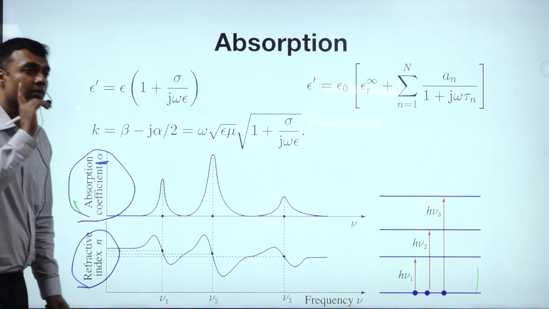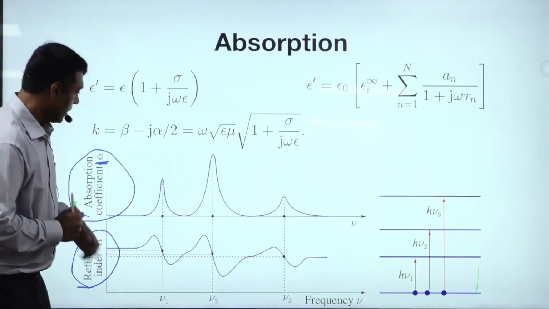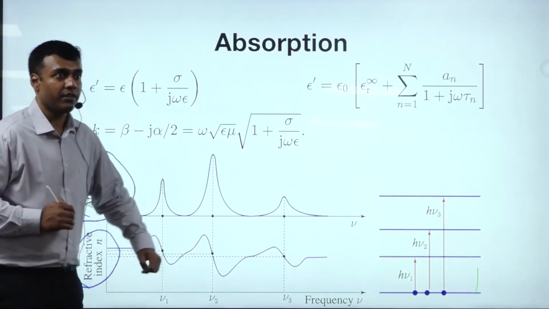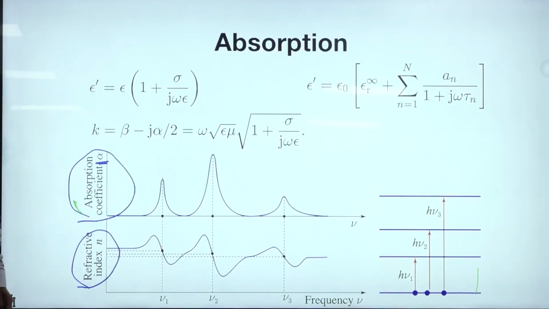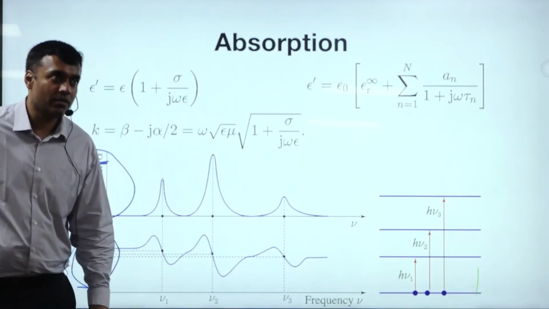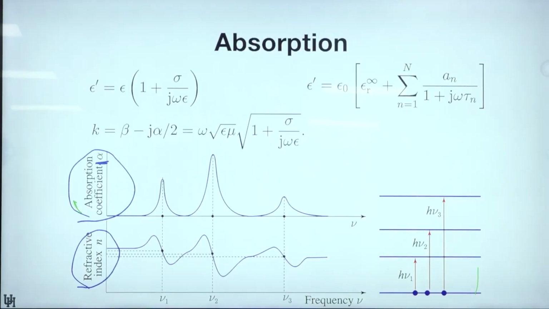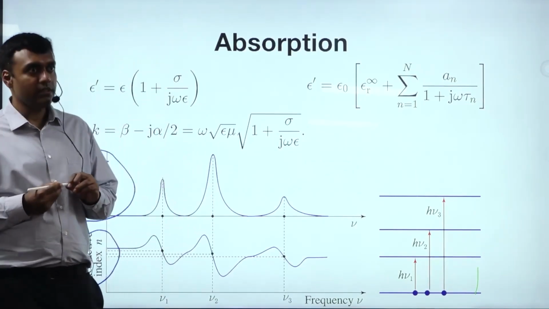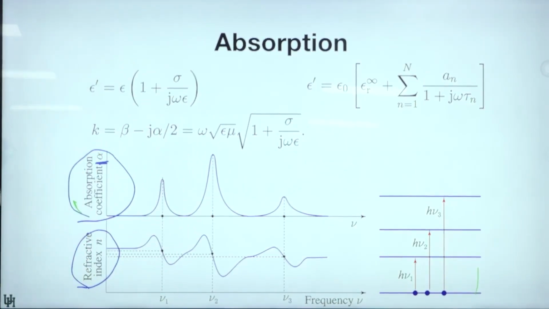At one wavelength or one frequency, you have one refractive index. At another wavelength, you could have a different refractive index. What I'm saying is, for different values of wavelength, n can be different. For the same material, you cannot say the refractive index of glass is 1.5.